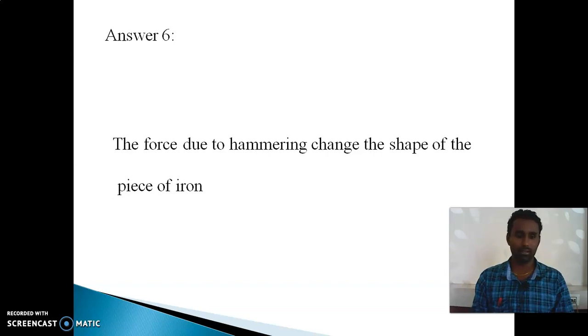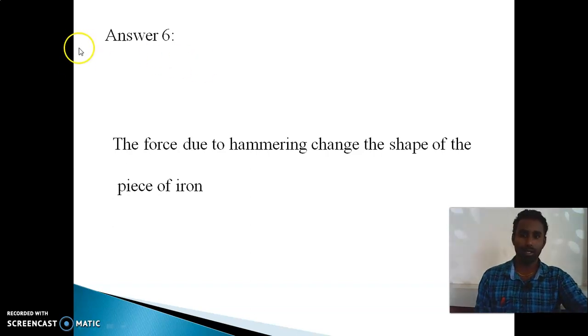Even when you are heating, the molecules move randomly inside that iron. Here we are not considering the chemistry point of view, we are considering the physics. So here we take the answer: the force due to hammering changes the shape of the piece of iron. We will move to the next question in the further slide. Until then you have to wait.